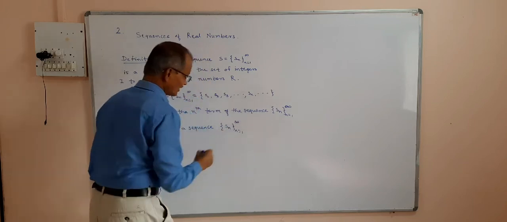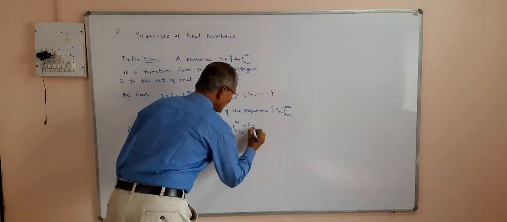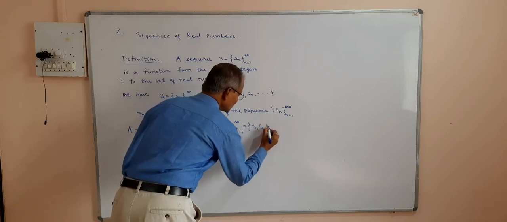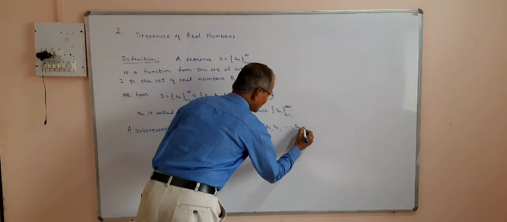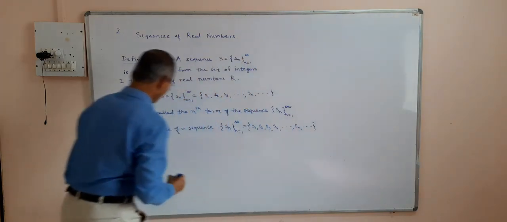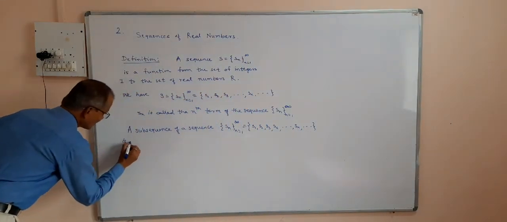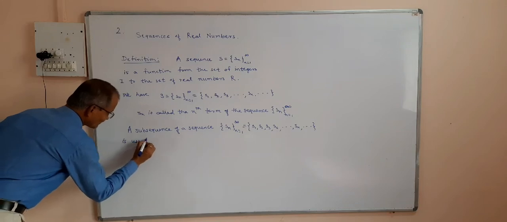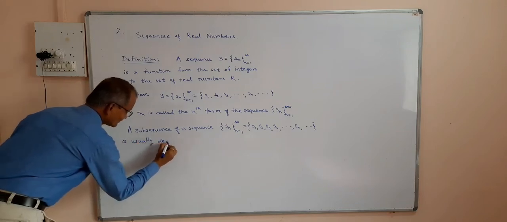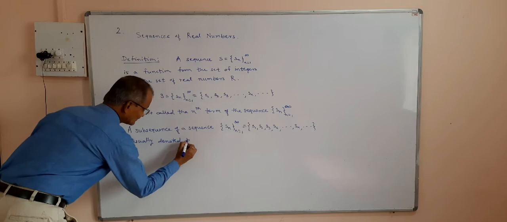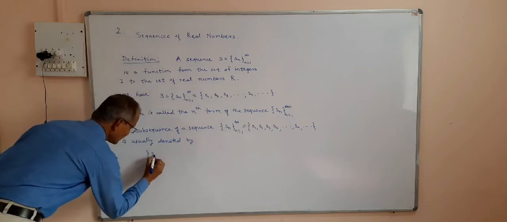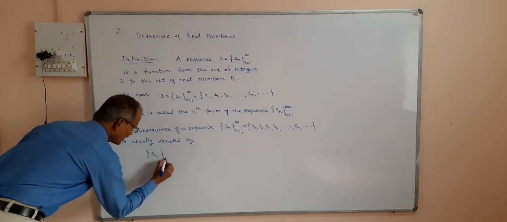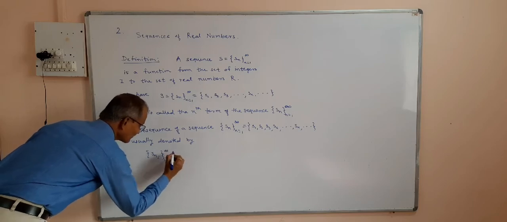The sequence Sn, whose terms are S1, S2, S3, and so on, has a subsequence usually denoted by Sni, where i takes values from 1 to infinity.